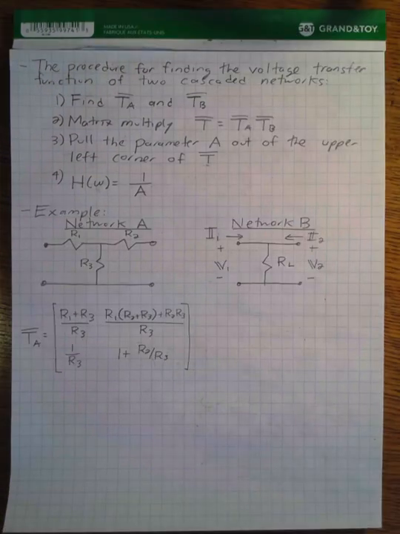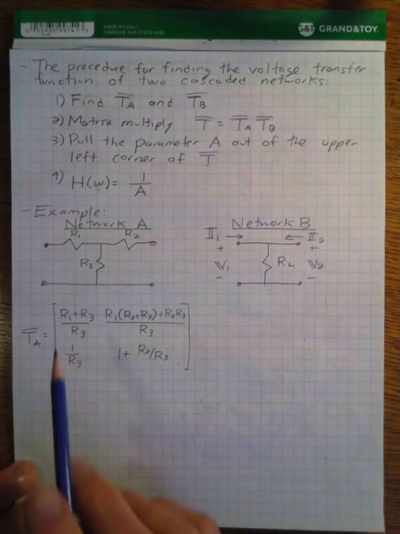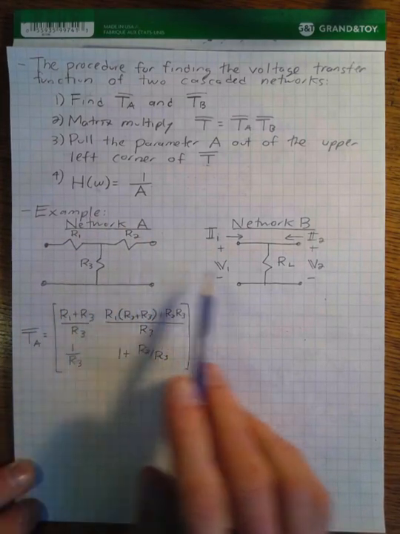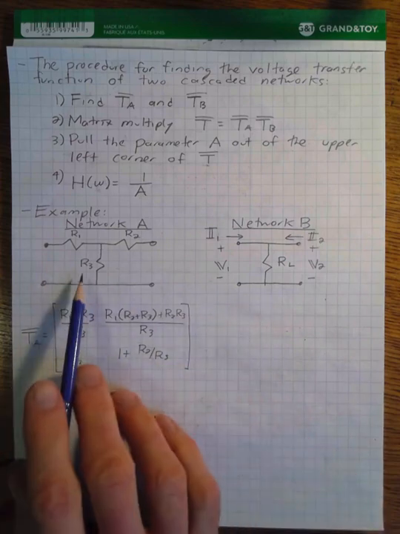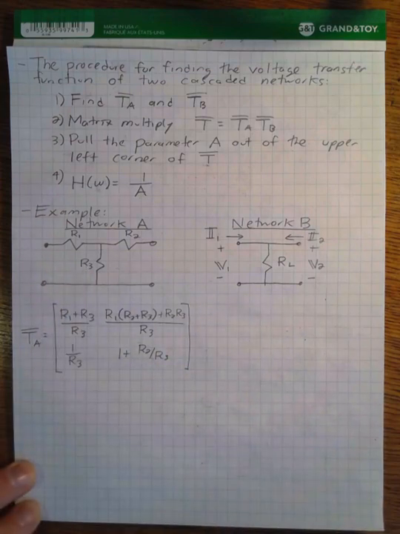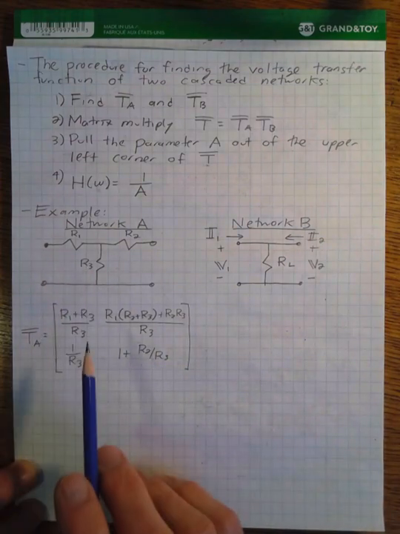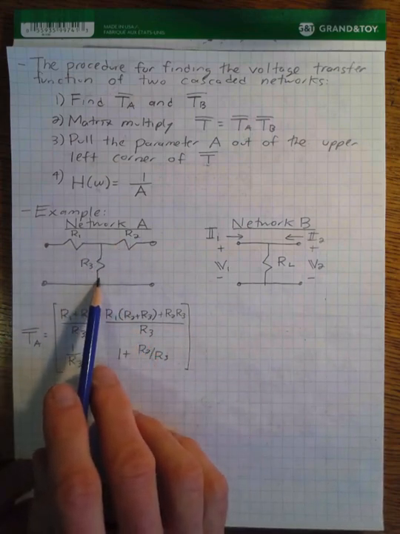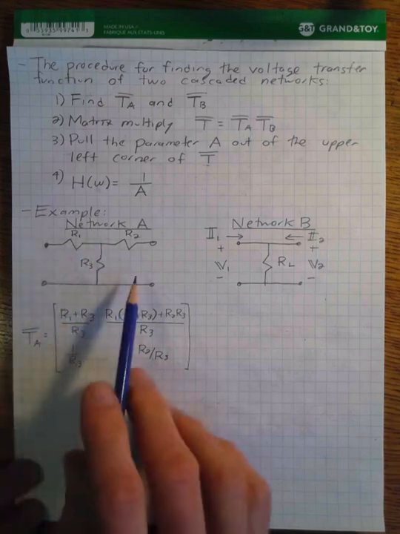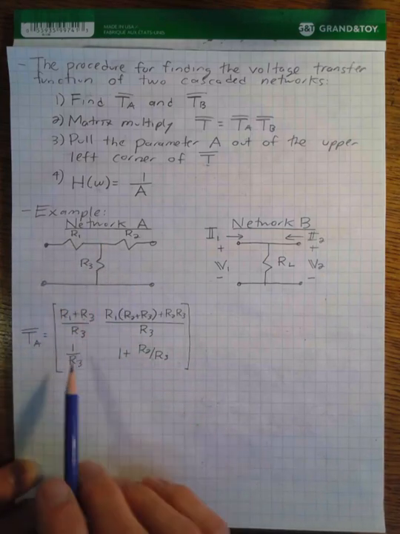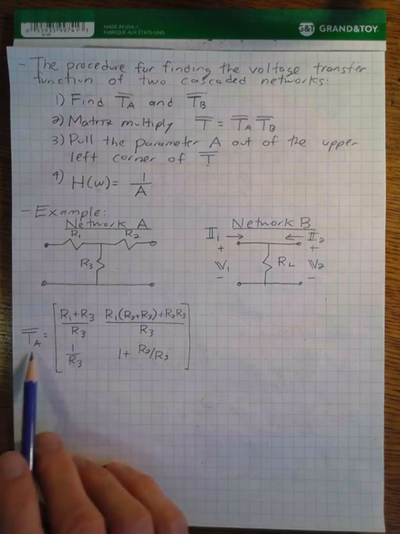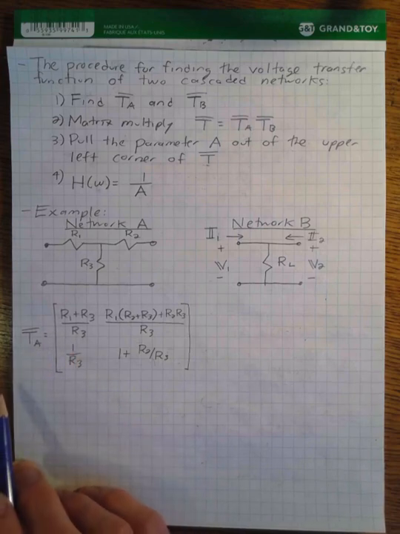Okay, here's our first example. So we are going to cascade this two-port network or two-port system with this two-port system. And of course, the first one, network A or system A, is just the T resistive network that we've been analyzing up until now. So I've taken the ABCD parameters that we've been working on and I've put them in the matrix TA.